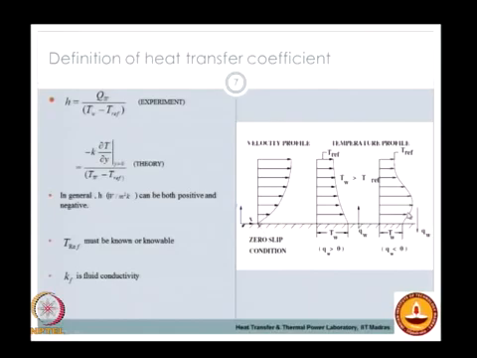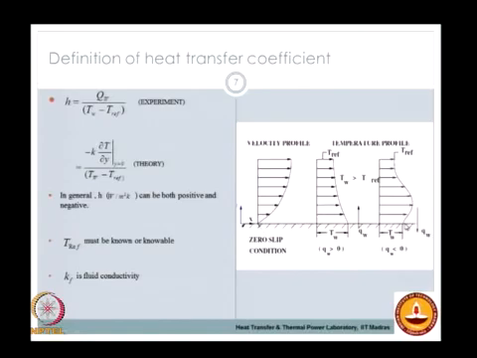If you now take the temperature gradient, you find that at the wall dT by dy is positive, whereas in the denominator your T infinity is still less than your Tw. So the denominator is positive and the numerator will be negative.